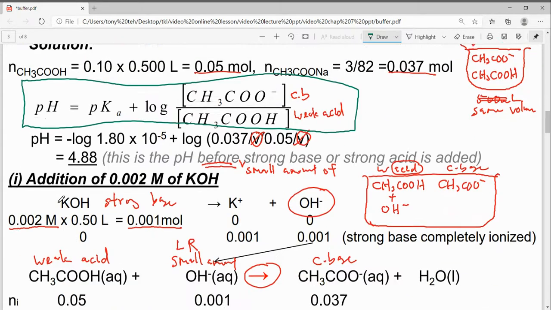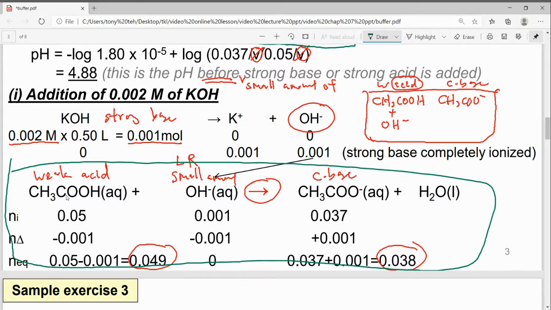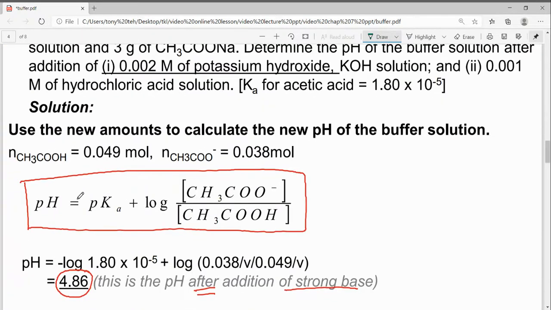If there is addition of a small amount of strong acid or strong base, use the ice table, and then again, same thing, substitute into the Henderson Hasselbalch equation. That's all for how to calculate the pH of a buffer solution using the Henderson Hasselbalch equation before and after addition of strong acid or strong base.